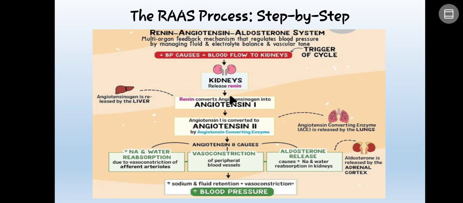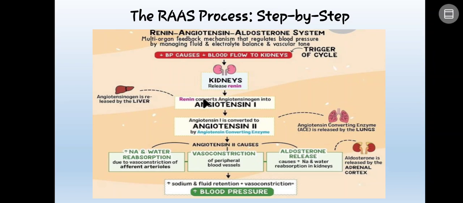Now this renin that has been released into the blood will convert the angiotensinogen produced by the liver into angiotensin 1. So the renin released by the kidney converts angiotensinogen, which is produced by the liver, into angiotensin 1.